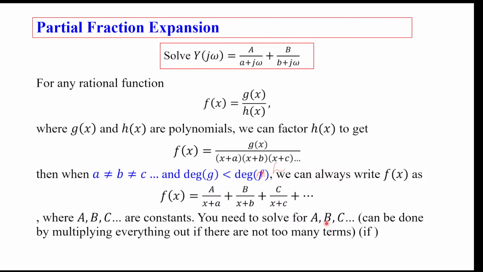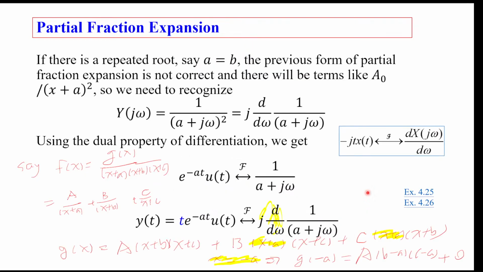Then you need to solve for A, B, C. The easiest way is to multiply out the equation g of x over h of x equal to those partial fractions, and then you can solve for A, B, C.